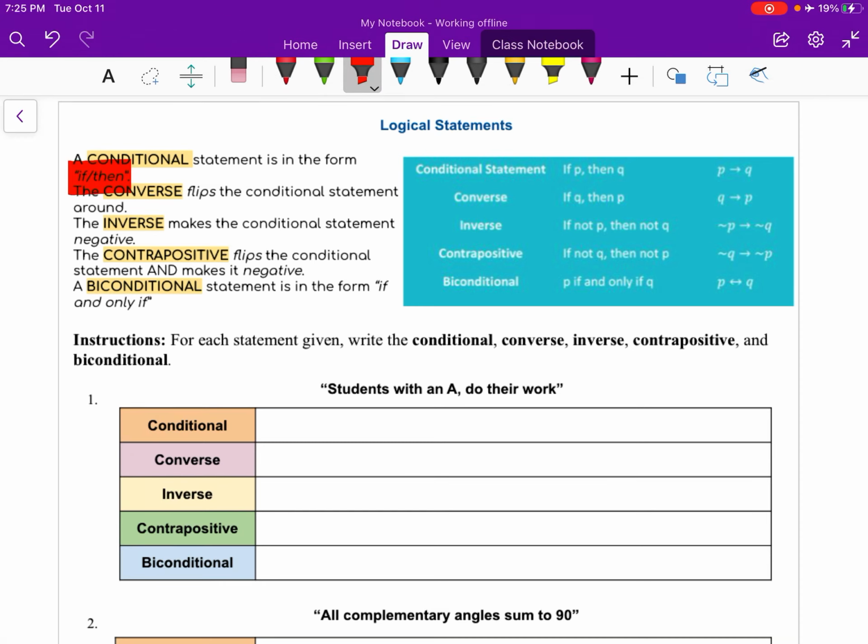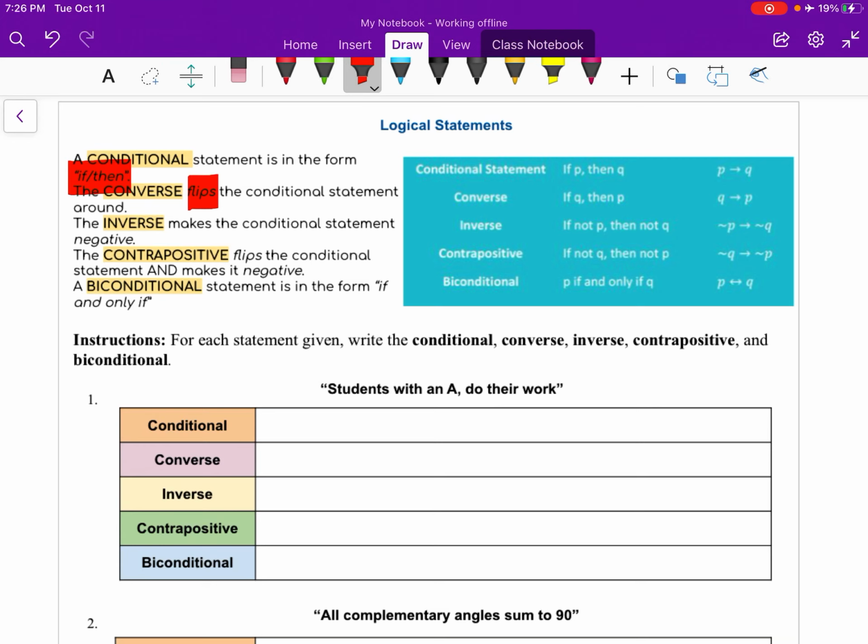So we're going to highlight those keywords, if, then. The converse takes a statement and basically flips it around. In other words, the converse switches the order of the original statement.